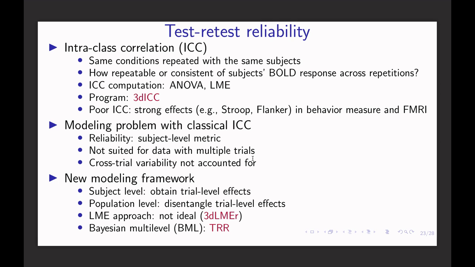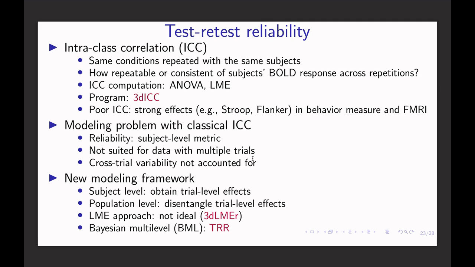So under this new framework, we specifically model the trial level effects. So in FMRI, at the subject level, we would create one regressor per trial. Then that would allow us to formulate a more reasonable approach.